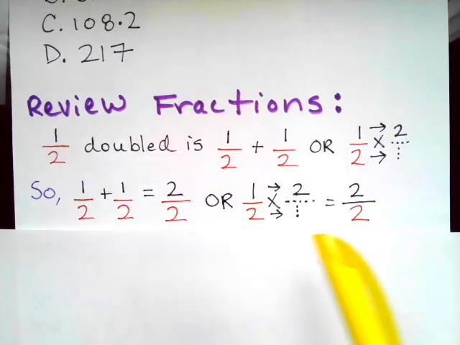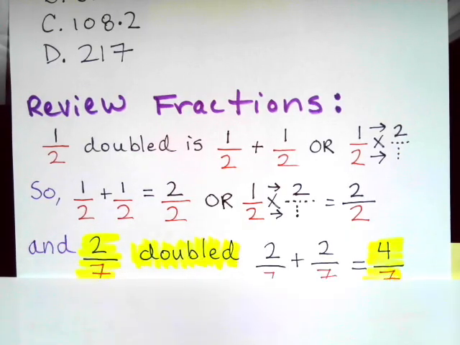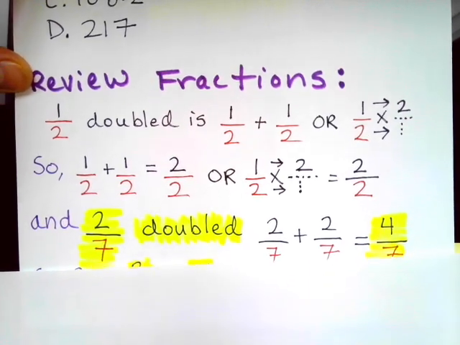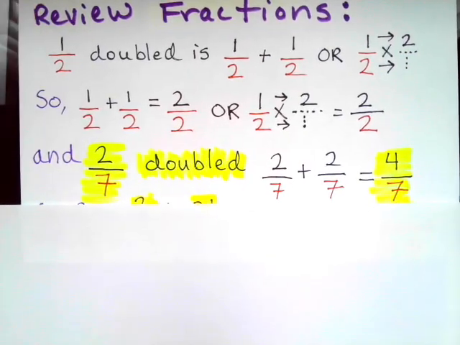I just wanted to show this in review. If you're not familiar with fractions, please watch my video. And I'm going to show a second part to this video that explains clearly another way that you can look at this problem and solve it.